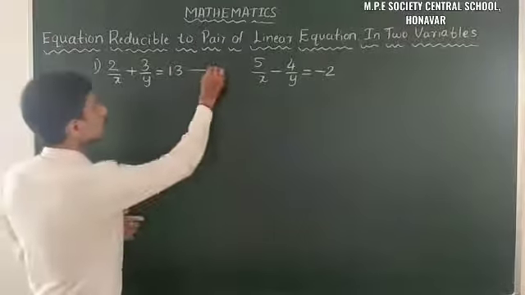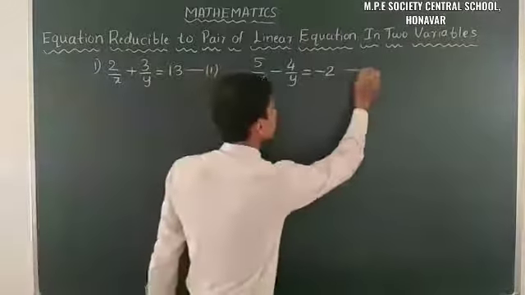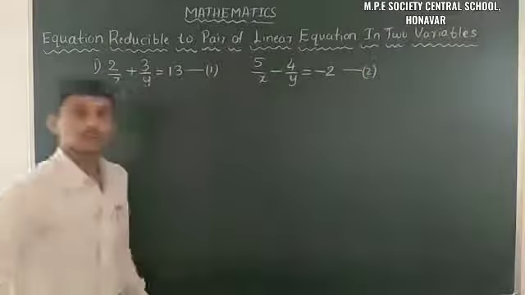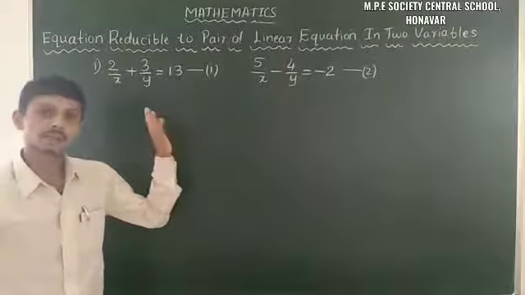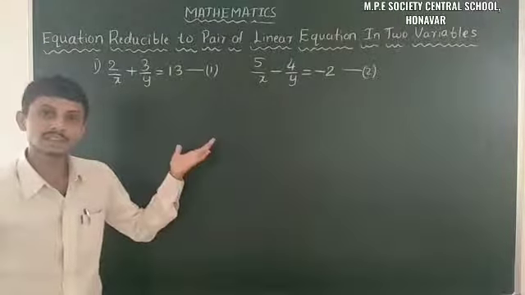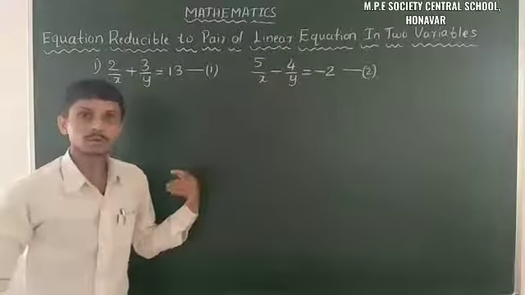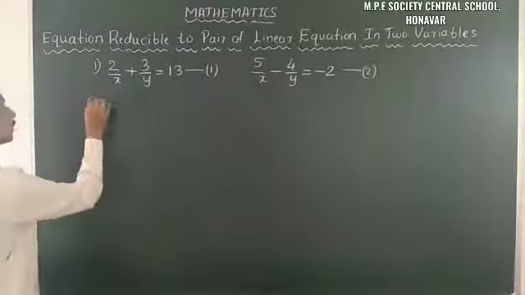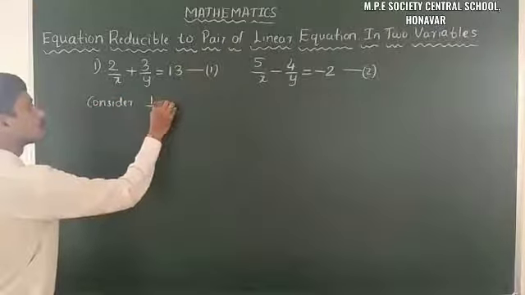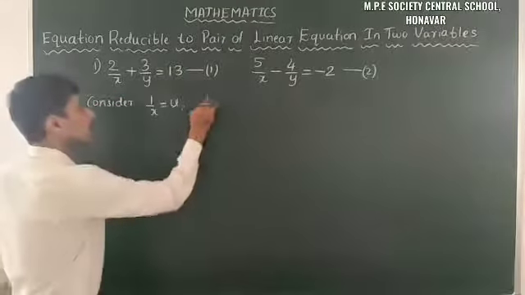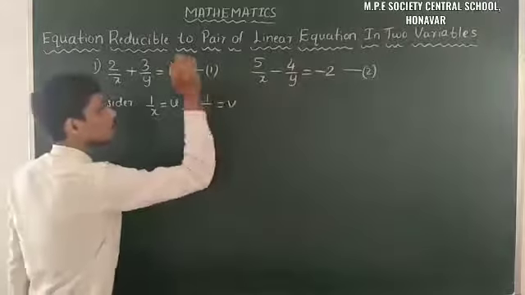I will consider these as equation number 1 and equation number 2. In equations 1 and 2, x and y are in the denominator, so consider 1 by x is equal to u and 1 by y is equal to v.